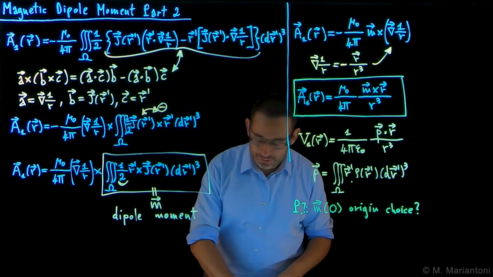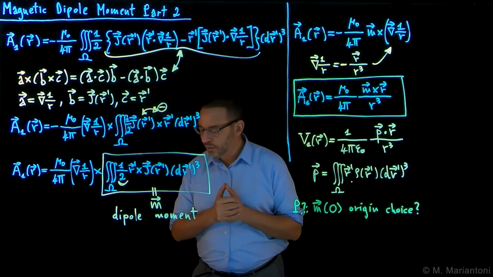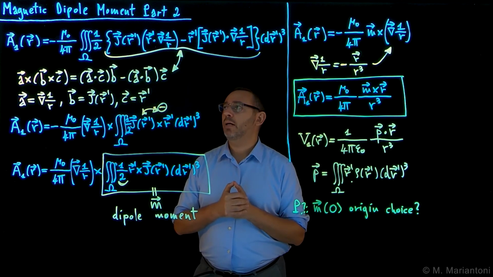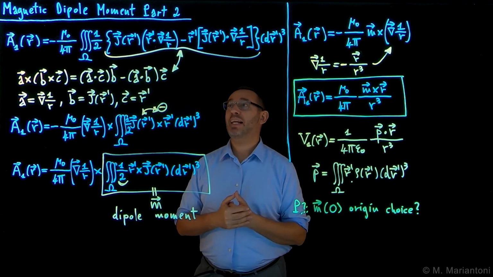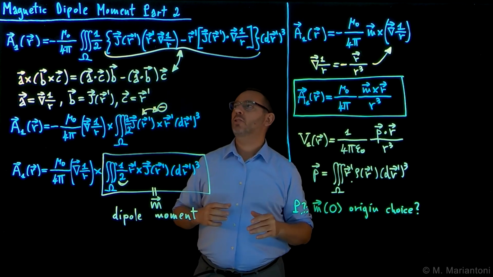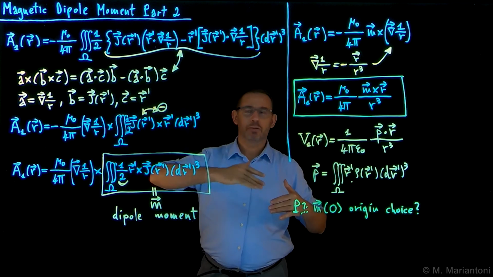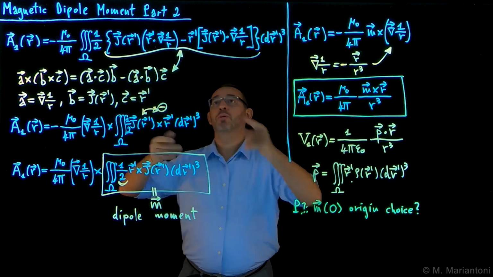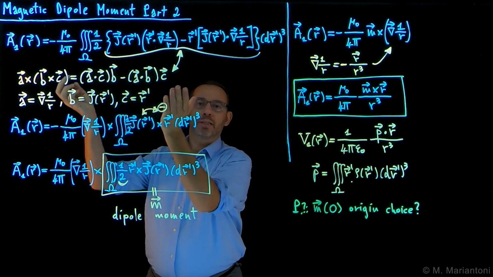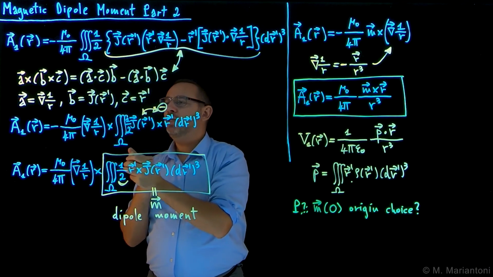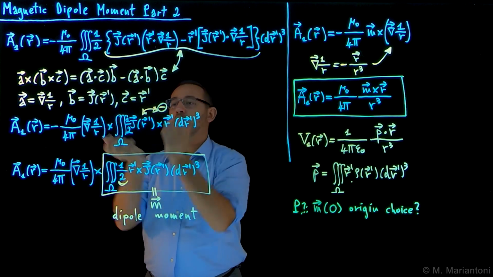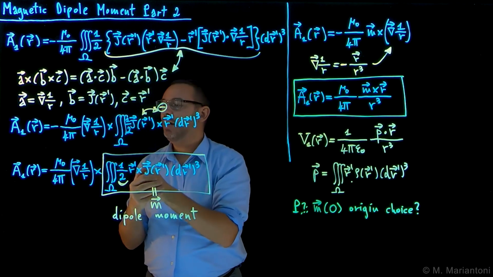Okay, so to summarize this video, it's the last video on the magnetic dipole moment in general. And so I rewrote down the expression for A1 after splitting up this into two integrals. And now we're only left with the one with the minus sign. We use this simple vector identity here, which allows us to recast this integral into this integral down here, to remember the factor of 1/2.